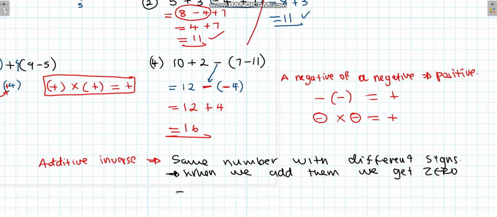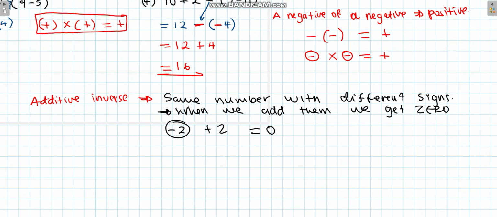For example, if I have negative 2, what is the additive inverse of negative 2? It's plus 2. So minus 2 plus 2 will give me 0. If I was having variables, I can have 3x. What is the additive inverse of 3x? It's minus 3x, so that I can get 0. So it's just the same term with different signs.